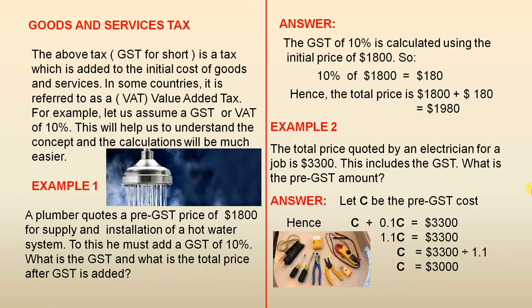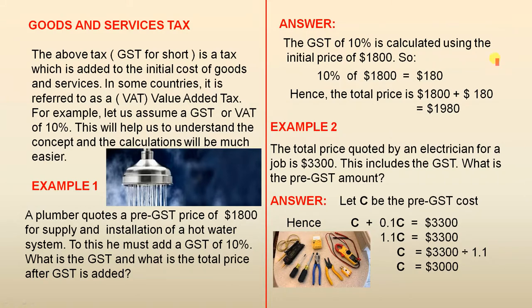Example 1. A plumber quotes a pre-GST price of $1,800 for supply and installation of a hot water system. To this, he must add a GST of 10%. What is the GST and what is the total price after GST is added?